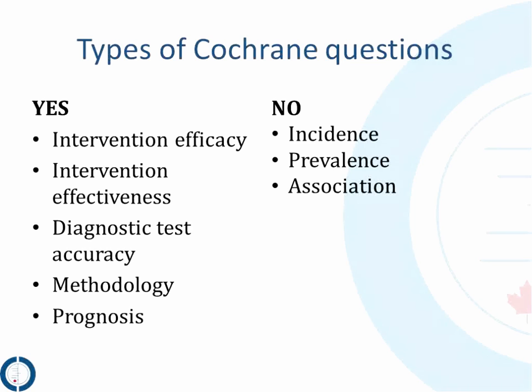The Cochrane Prognosis Methods Group is currently developing methods for the conducting of Cochrane Prognosis Reviews. And in the future, the Cochrane collaboration will be allowing the registration of prognosis reviews, perhaps in the next year or so. The Cochrane collaboration does not provide support for epidemiological questions that deal with incidence, prevalence, or association.